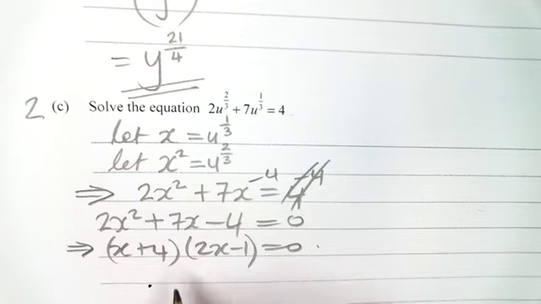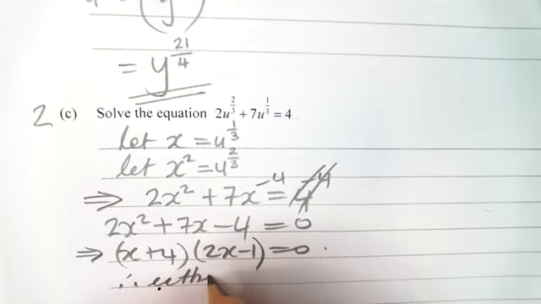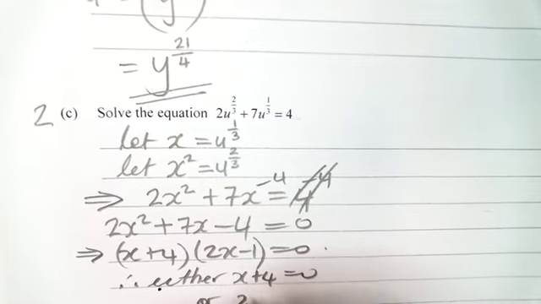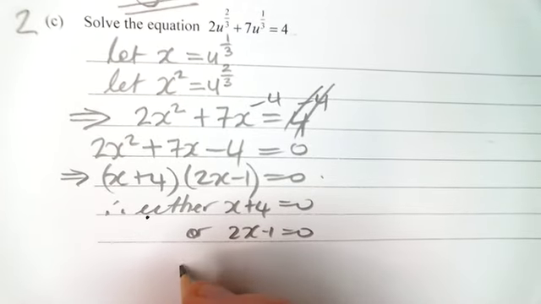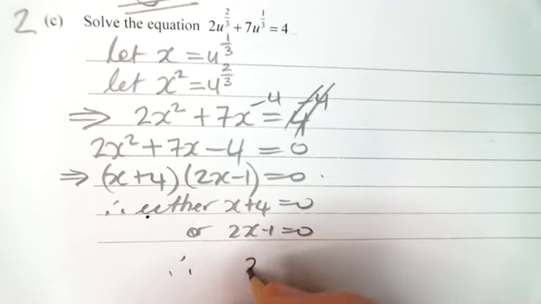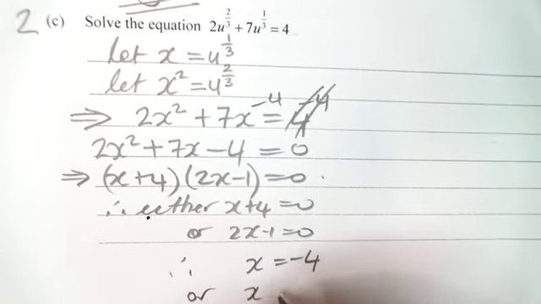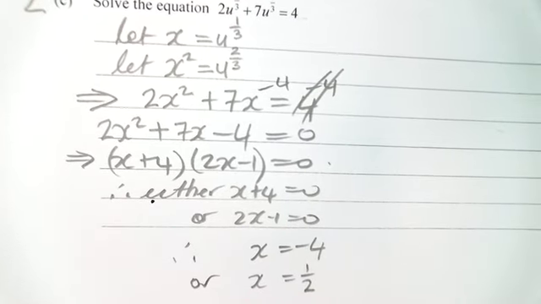So now we've got x's. Let's solve. Therefore either x plus 4 is 0 or 2x minus 1 is 0. So x is negative 4 or x is equal to 1/2, just solving in the usual way.